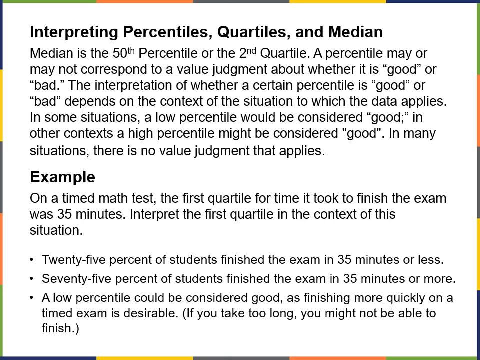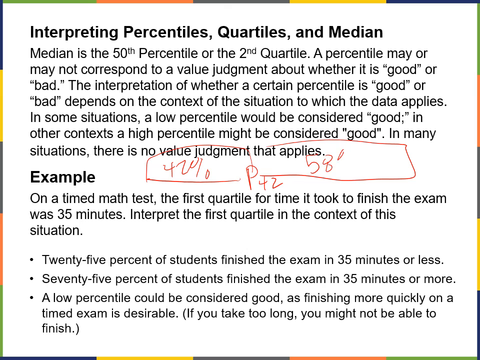But thinking that a high percentile is always good and a low percentile is bad is not necessarily the case. It really depends on what you're talking about. What's important is understanding what the percentile means. If I'm talking about P42, what that's telling me is that 42% of my data values are less than that, and 58% of my data values are greater than that.